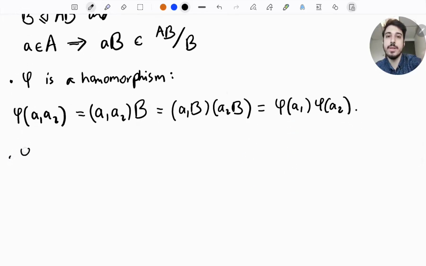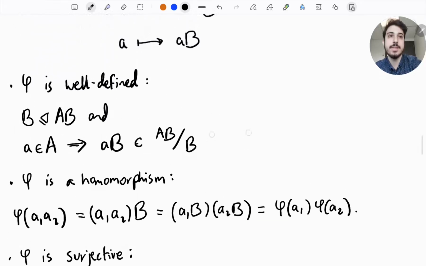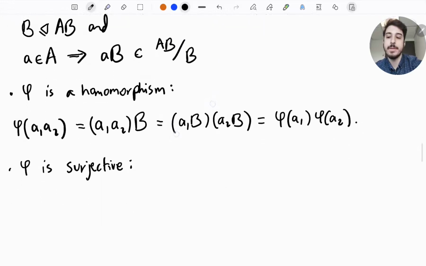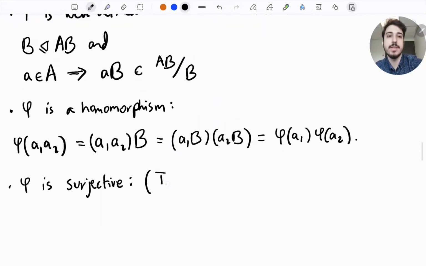We want to show that phi is surjective. And the thing that this does here is that it tells us that the image of phi is exactly equal to the codomain, which is the quotient group AB/B. So it tells us that the image of phi is equal to AB/B.